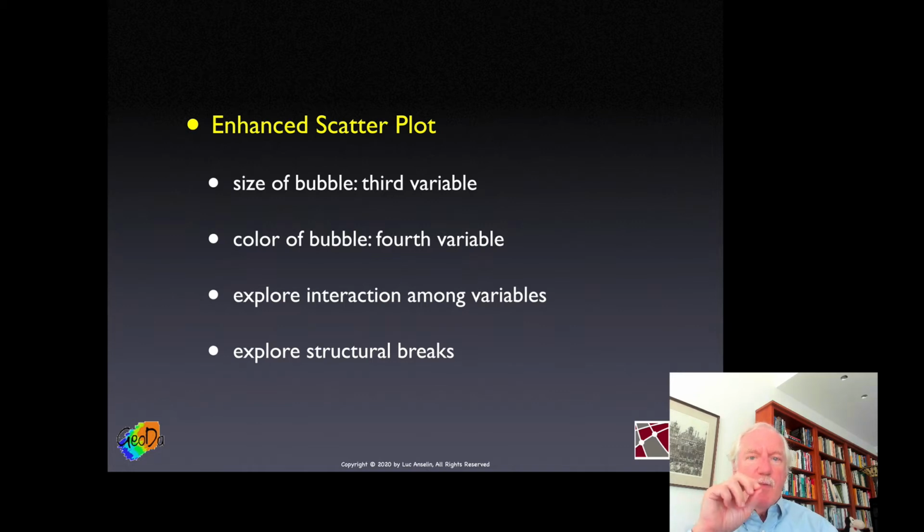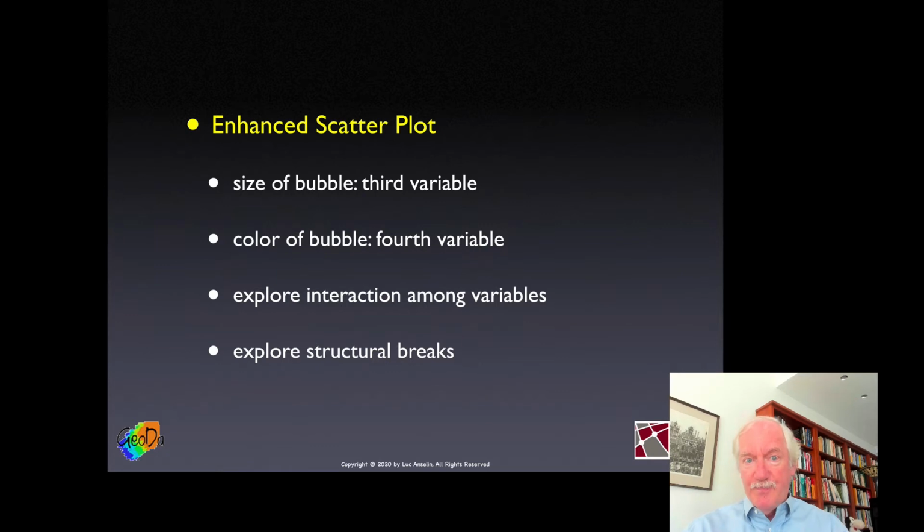Let's say we represent a point not as a point, but as a circle. Now we can make the size of the circle, or the area of the circle, proportional to a third variable. And then we can start looking at the interactions between the slope of the two variables on the x and the y axis with this third variable that is represented as the size of the bubble, so to speak. And then we can also go a step further and introduce a fourth variable in the color shading of the bubble.